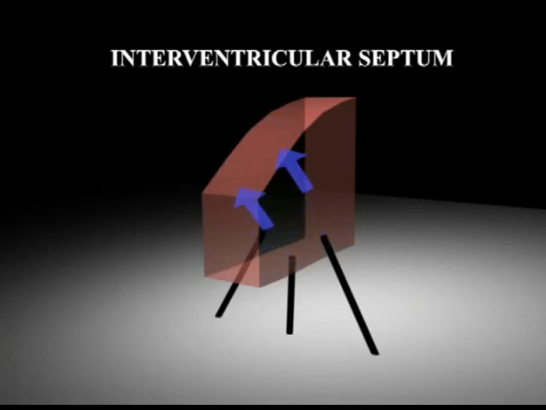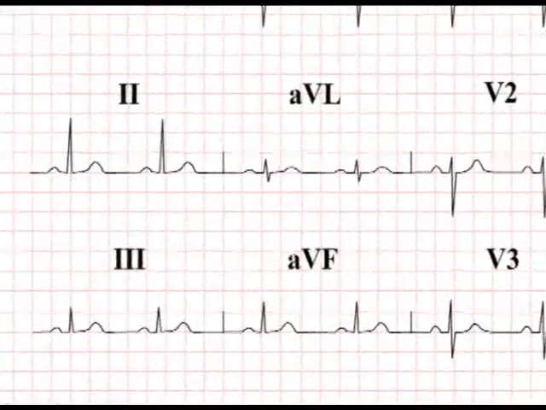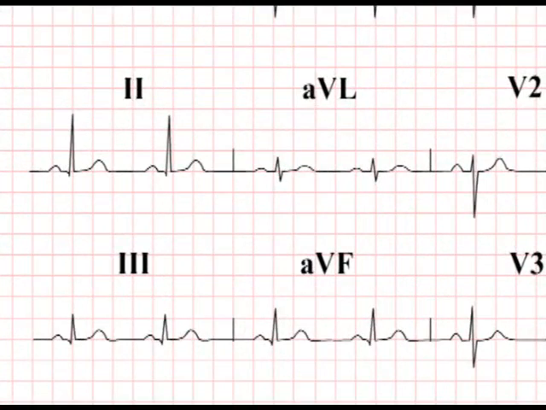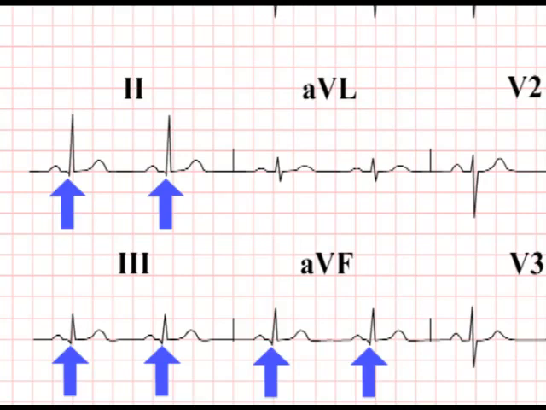Note therefore that this early septal current is also moving away from leads 2, 3 and AVF, the inferior leads. For this reason, it is also perfectly possible to see physiological Q waves in the inferior leads.